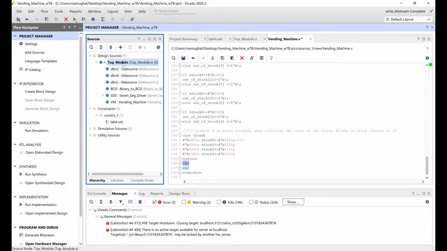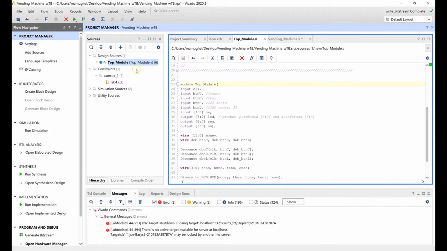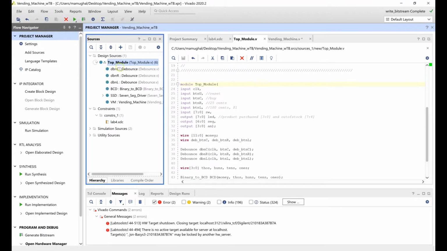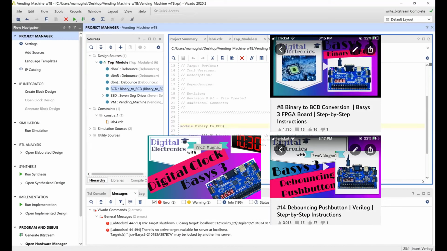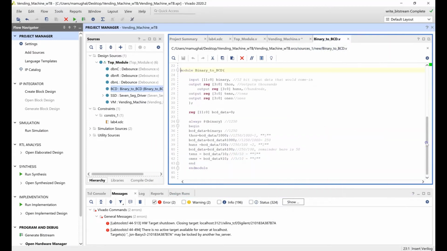I also want to show you how your top module is going to look. And like I was mentioning earlier, I don't want to go through all of these modules because I've covered them many times. I'll leave the link in the description. Binary to BCD module is basically converting into ones, tens, hundreds, and thousands.